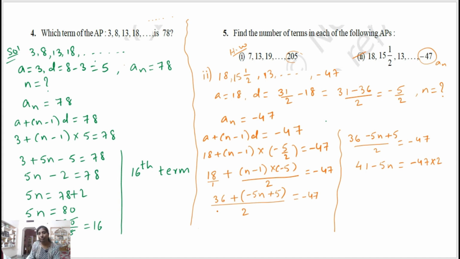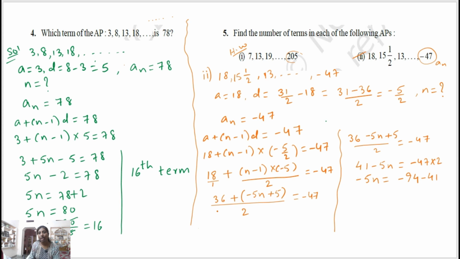So minus 5n is equal to, minus 47 into 2 is what? 2 sevens are 14, carry over 1. 2 fours are 8, 8 and 1 is 9. Minus 94, and transpose this one, minus 41.